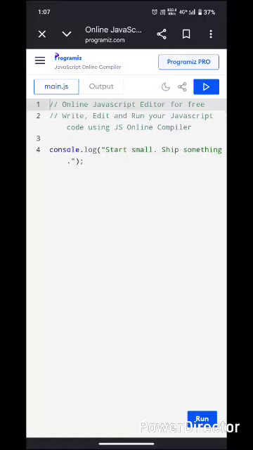Okay, what is ECMAScript? I don't know the formal definition of ECMAScript, but ECMAScript is a standard which is followed by JavaScript, and a lot of other languages also. Okay, ECMAScript is a standard for scripting languages including JavaScript, JScript, and ActionScript.